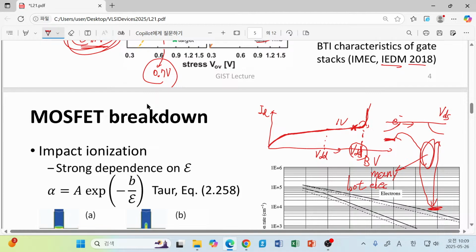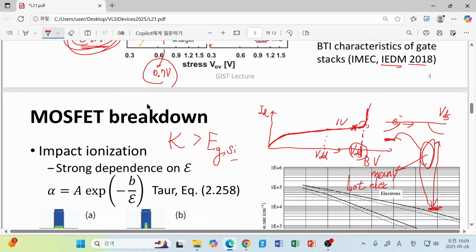Yes, the generation of hot electrons was already studied in our previous lecture. So what is the importance? The importance is that when its kinetic energy exceeds the band gap of our silicon, another phenomenon occurs.